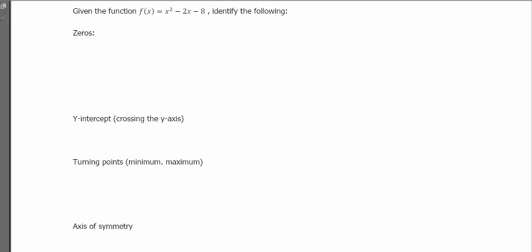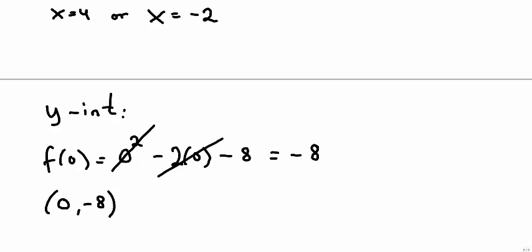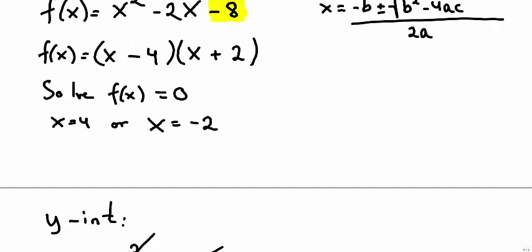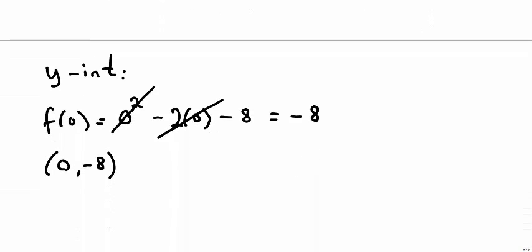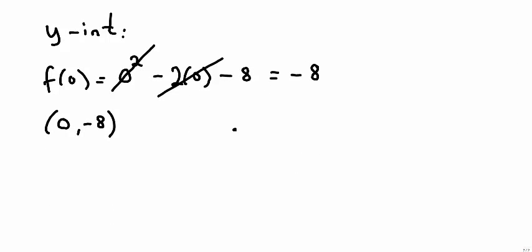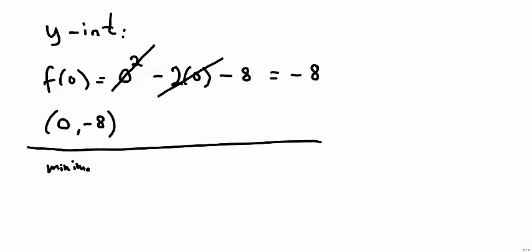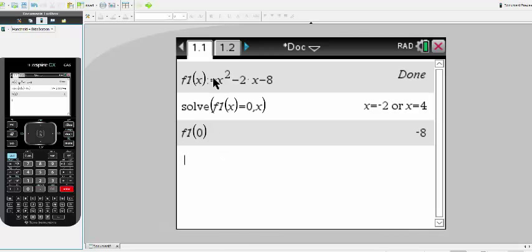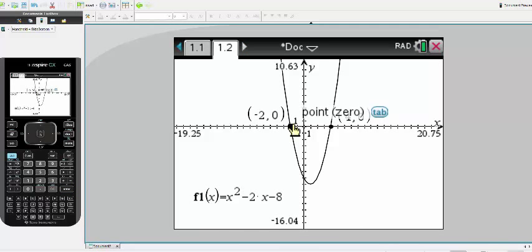Well, we can find the zeros, and remember that the zeros are minus 2 and 4, so that means that the turning point, the minimum, will be right in the middle of the two zeros. So we can just look at the graph and say x is equal to 1.